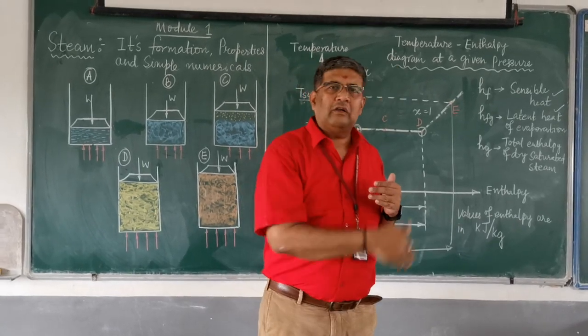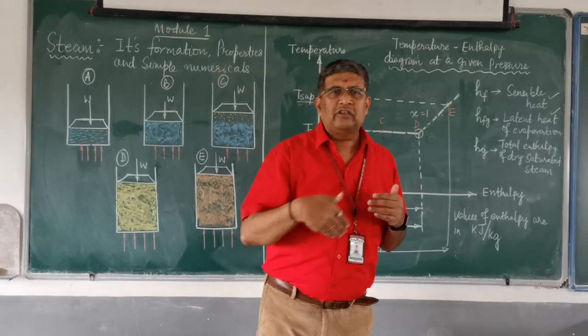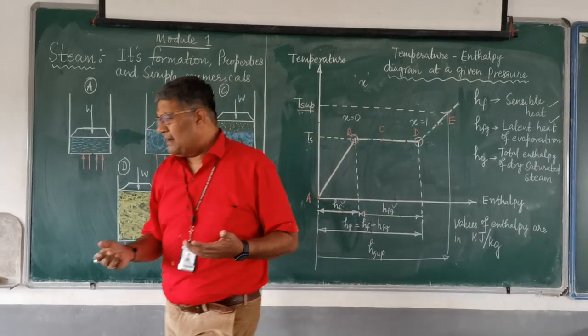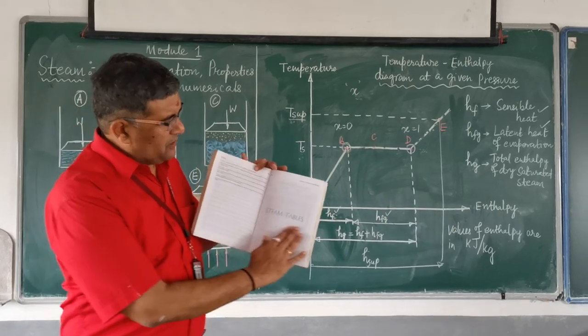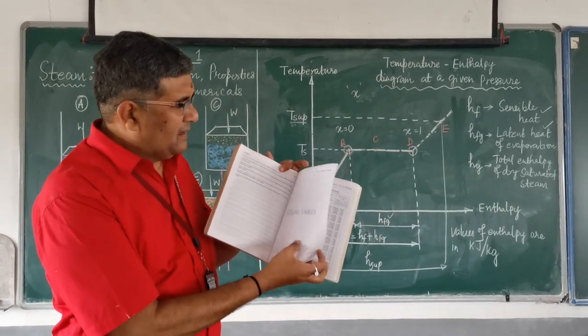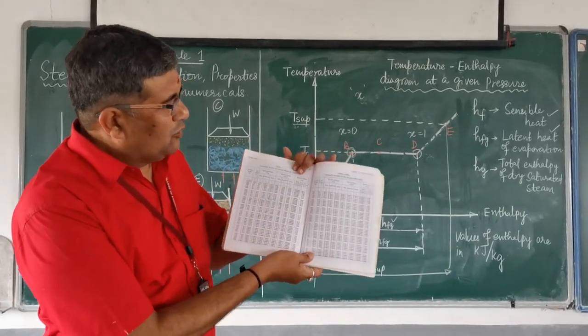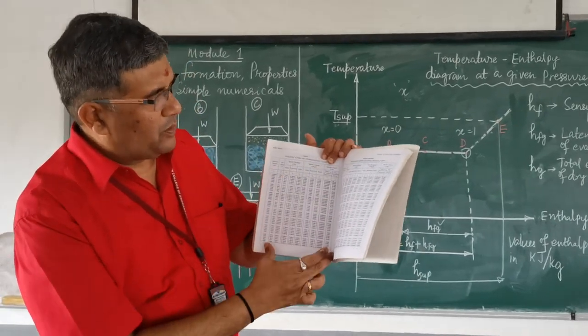So the first column will be the pressure, and then you have the saturation temperature and so on. Just as an example, from one of the books, I show you. If I open the page, you will see a steam table will look something like this. This is one page.